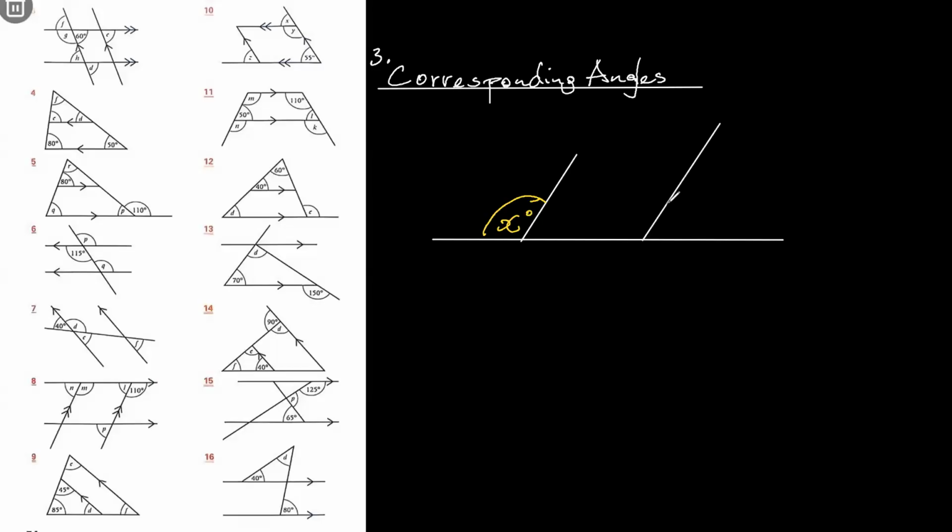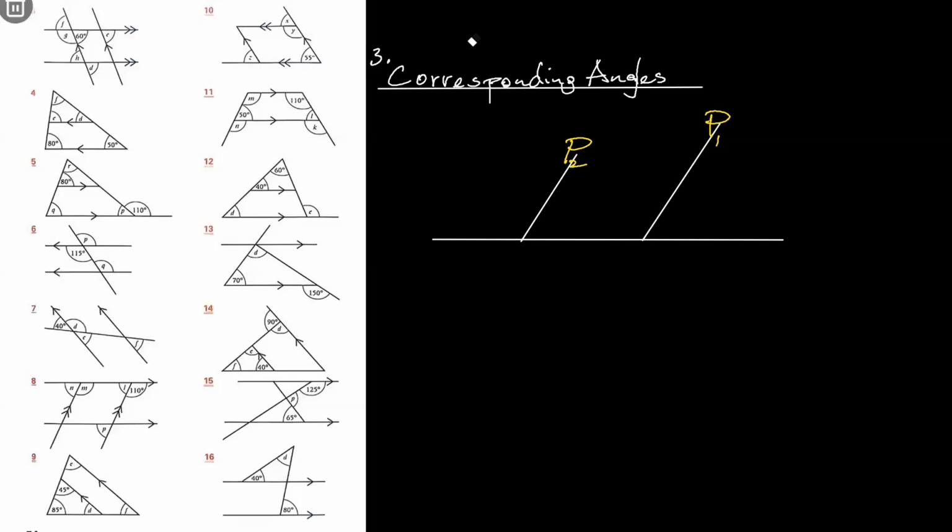The corresponding angle would be here. If this is my parallel line P1 and this is the other parallel line P2, on the left of the parallel line is the X, and on the left of the next parallel line is the other X. So they correspond. They are similar, or the same.